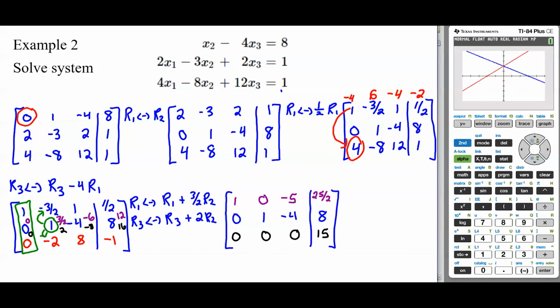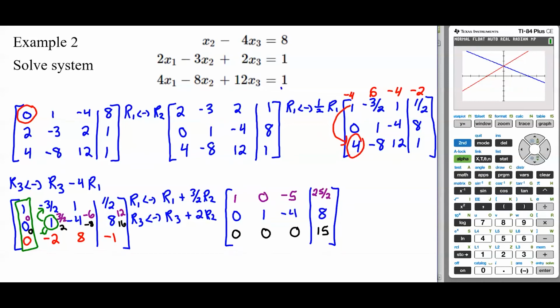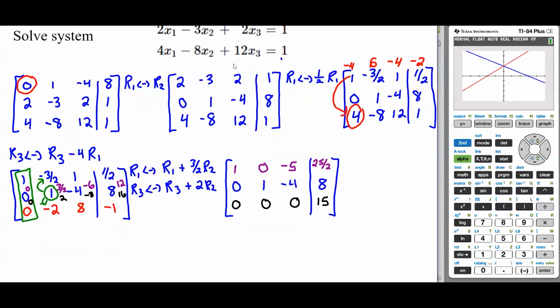So we have an interesting result here. We've got all zeros on the left and something non-zero on the right. So this row represents an equation.